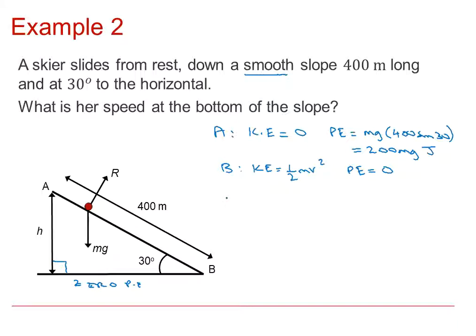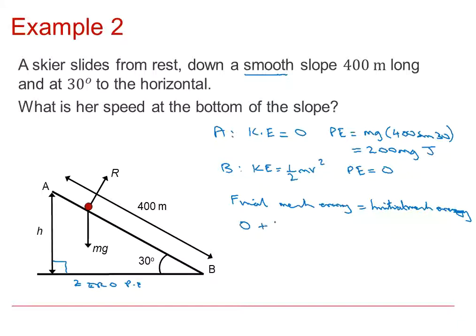And we know, because it's a smooth slope, there are no other forces doing work, so final mechanical energy equals initial mechanical energy. The final potential energy was 0.